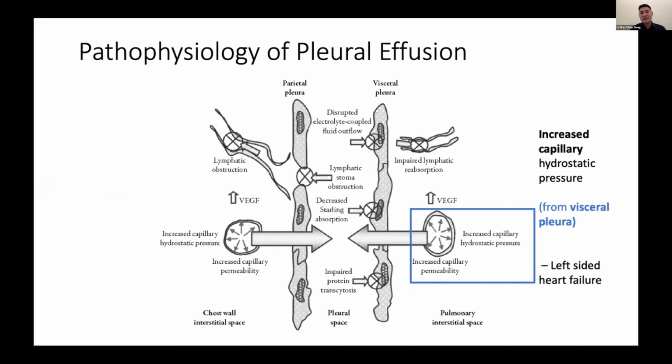Now, interestingly, in patients with right-sided heart failure, they notice that pleural effusion is rarely seen. Why?